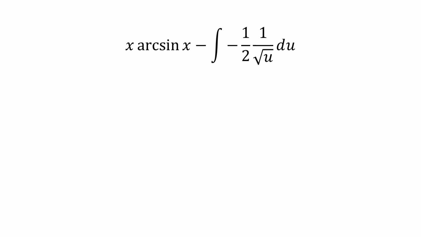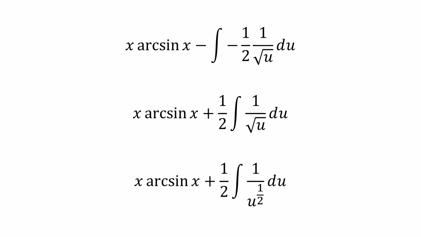Applying the constant multiple rule then gives x arcsine of x plus 1/2 times the integral of 1 over root u du. Rewriting the root as a fractional exponent then gives x arcsine of x plus 1/2 times the integral of 1 over u to the 1/2 du.